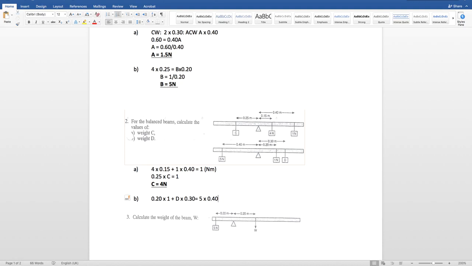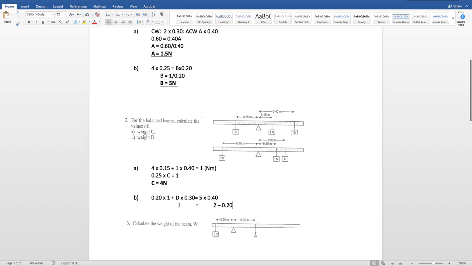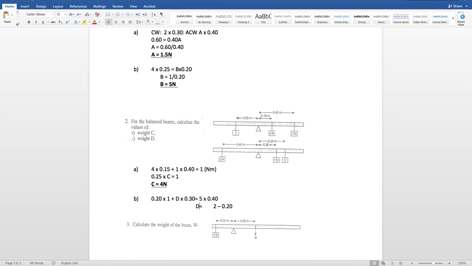So 5 times 0.40 is 2. So we've got 2, and then we're going to take away 1 times 0.2 over here, and that's going to be 0.2. That is D times 0.3.